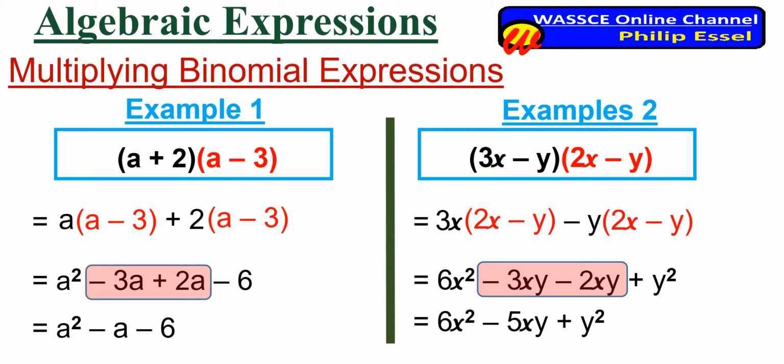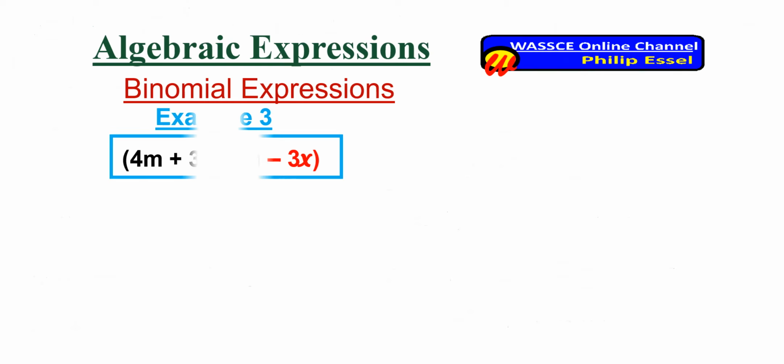Let's look at example 3. For example 3, we have the binomial expression 4m plus 3x bracket multiplied by the binomial expression 2m minus 3x bracket closed.